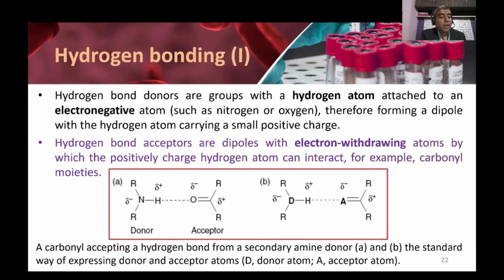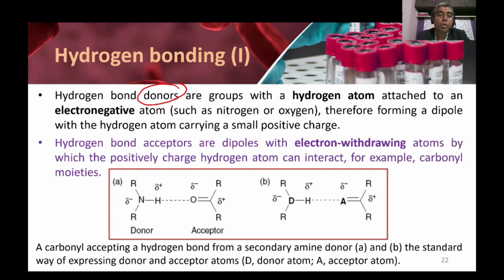The next is hydrogen bonding. For hydrogen bonding, there are two necessary things required. One is a hydrogen donor and one is a hydrogen acceptor. So hydrogen bond donors are groups with a hydrogen atom attached to an electronegative atom such as nitrogen or oxygen, therefore forming a dipole with the hydrogen atom carrying a small positive charge.